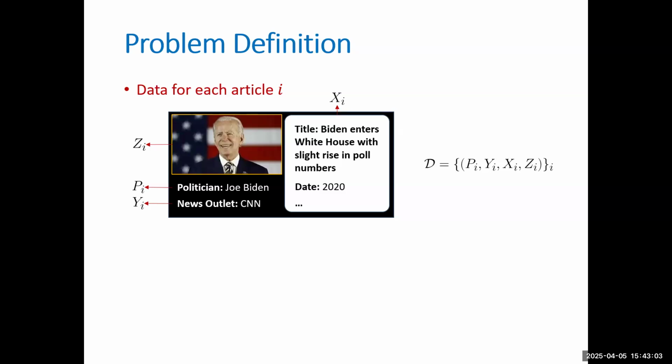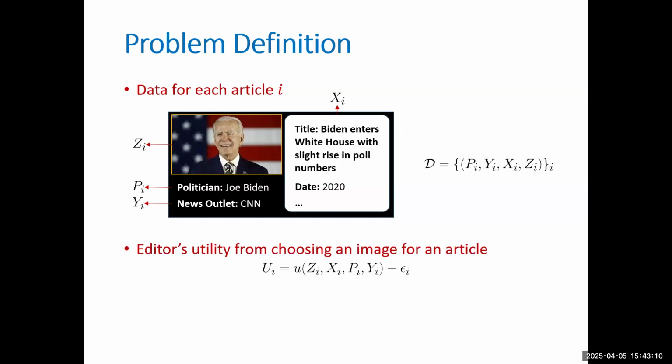It could be the title of the article, the year, a URL, etc. This is the data. Just to better understand the process, we characterize this news outlet's utility function from choosing an image for an article, which is a very generic form. And there's some idiosyncratic term here. Again, it's just to characterize it.